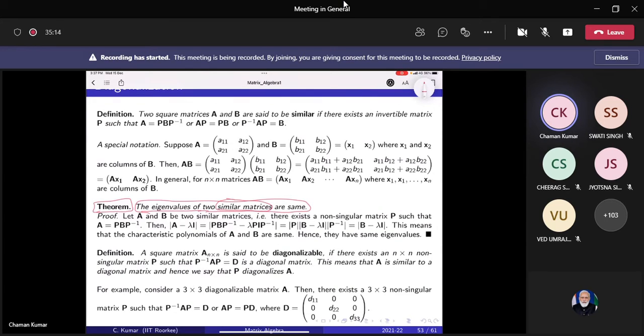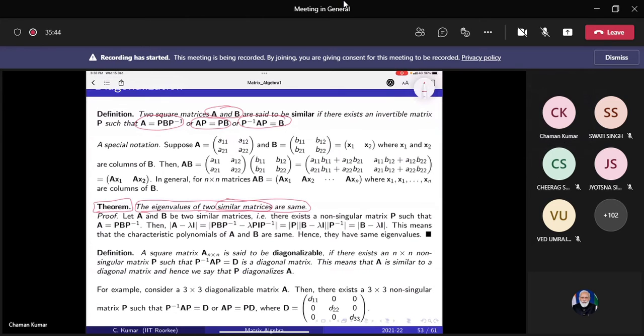Two matrices are similar if there exists an invertible matrix P such that AP is equal to PB, or A is equal to P B P inverse, or P inverse AP is equal to B. So this theorem says that if you have two matrices which are similar, then their eigenvalues are same.